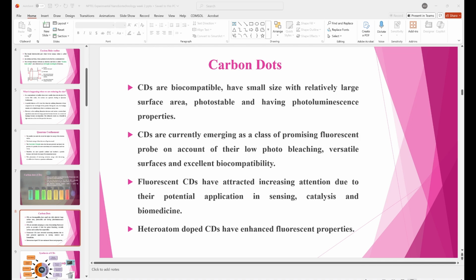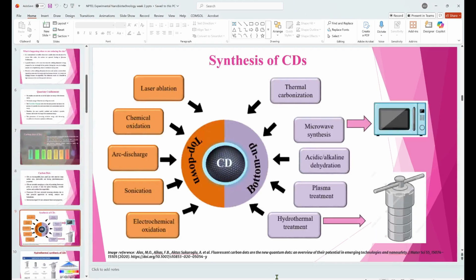What has mostly been discussed is microwave synthesis and hydrothermal treatment. Mostly hydrothermal treatment is preferred for bottom up.